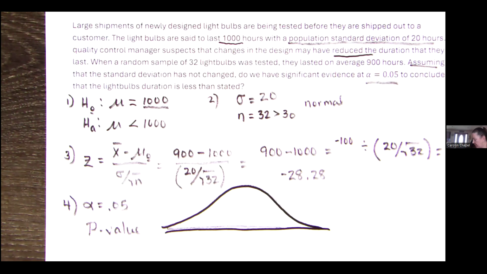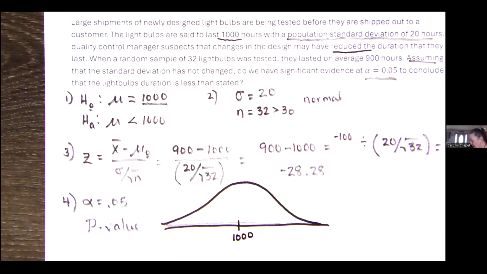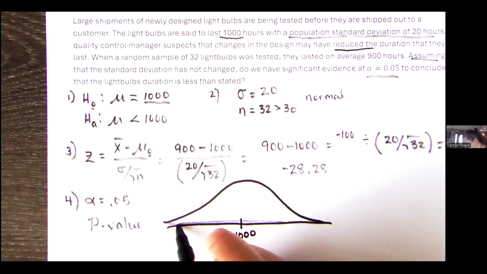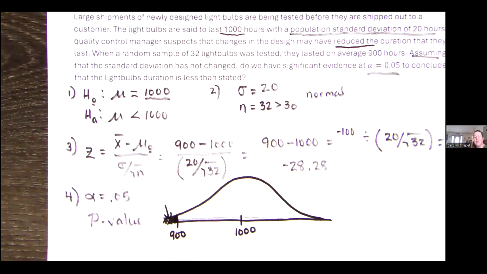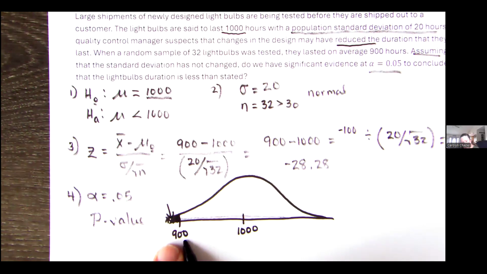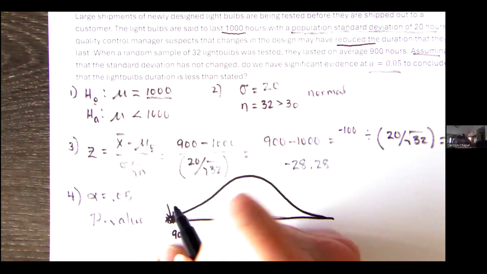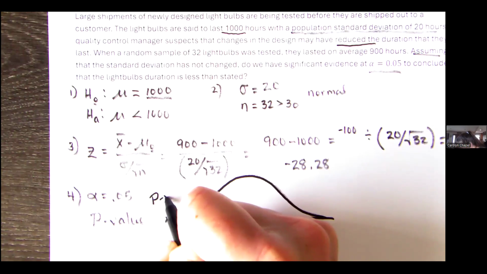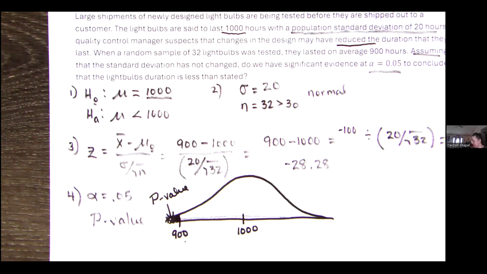So under our assumption of this being centered at 1,000, and we had a sample of 900, the p-value is going to be the area associated with that 900, in the direction that we're testing. So the p-value is the probability of getting that number or smaller.